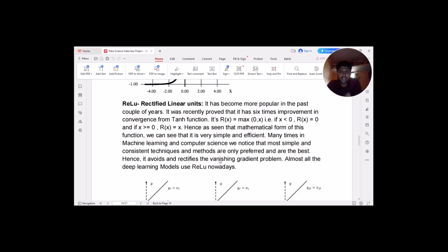We see the mathematical form is very simple and efficient. Many times in machine learning and computer science, we notice that the simplest and most consistent techniques are preferred and are the best. Hence it avoids the vanishing gradient problem. Almost all deep learning models use ReLU nowadays.